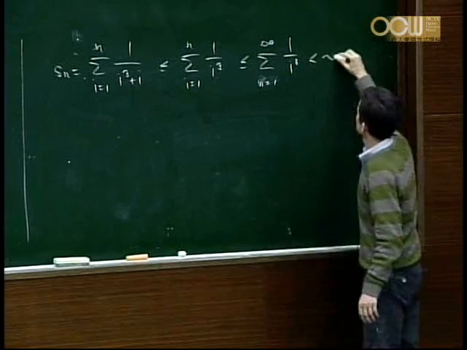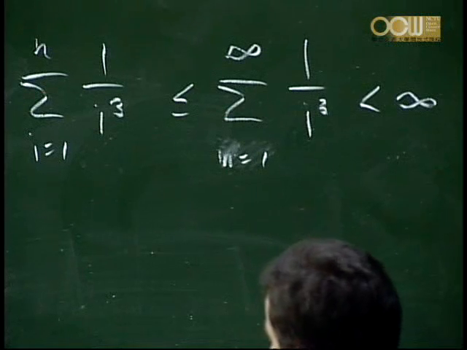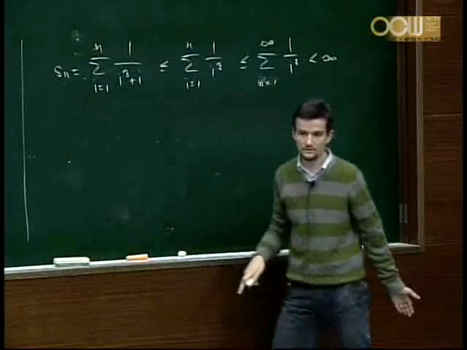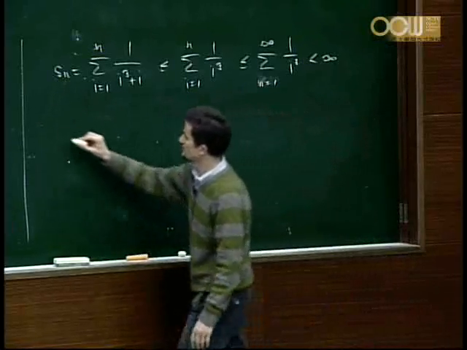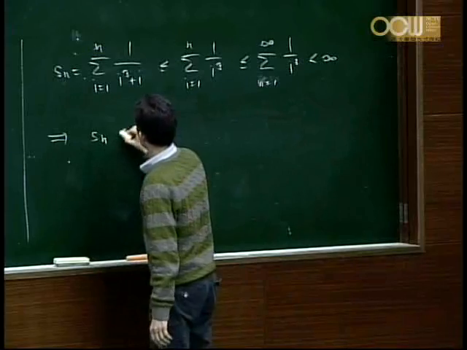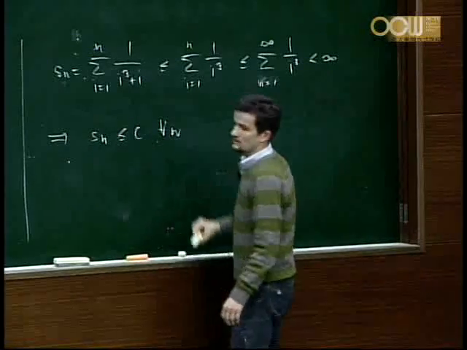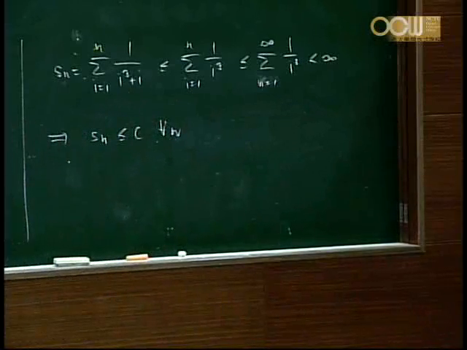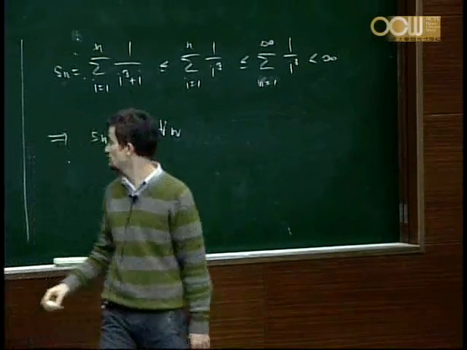And this we know already is convergent. So what we see is that Sn is bounded from above for all n. And because Sn is a series where all the terms are positive, Sn is also increasing.